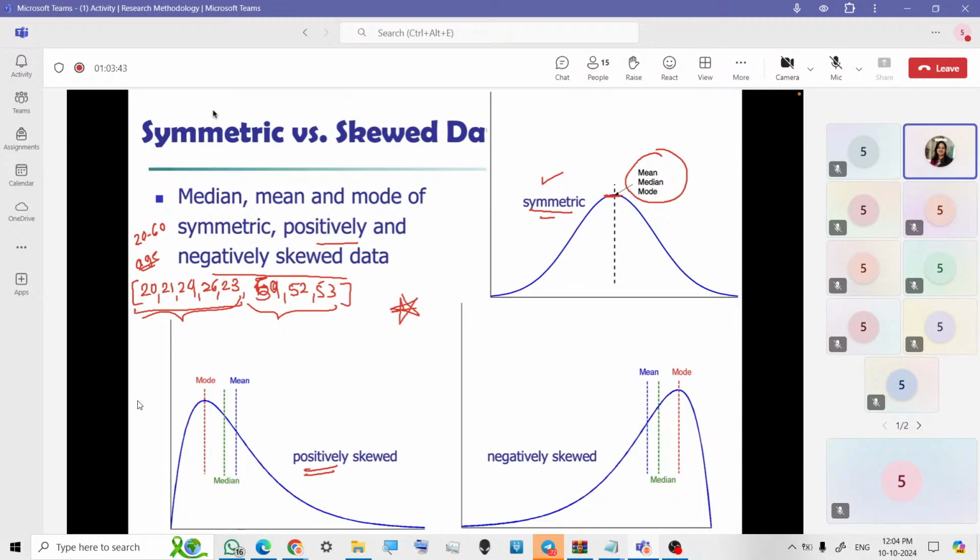Median represents the middle value, and mode represents the value which occurs multiple times in the given data. If I have the values the same, then the data is symmetric. Positively skewed is whenever my mode is less than median, which is less than the mean value. So these two values are less than mean, and it is called positively skewed. And whenever these two values are greater than the mean value, it is called negatively skewed.